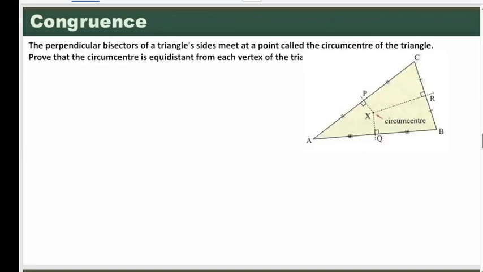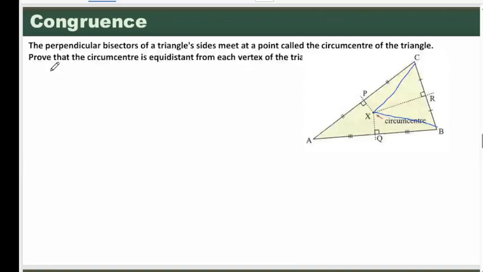So I draw a line from X to C and from X to B. I create two triangles, RXC and RXB.